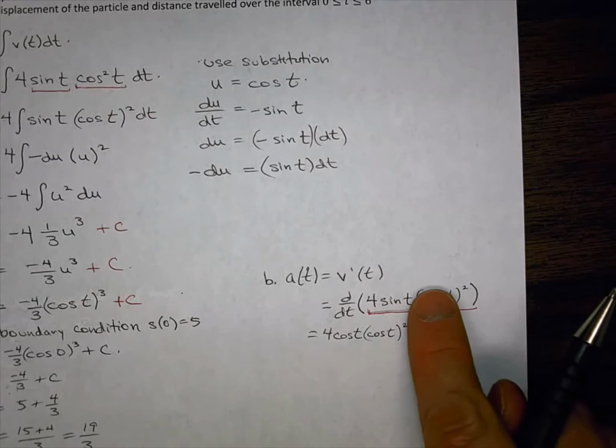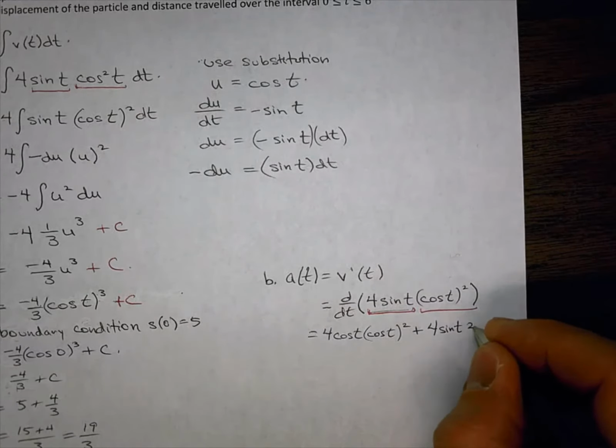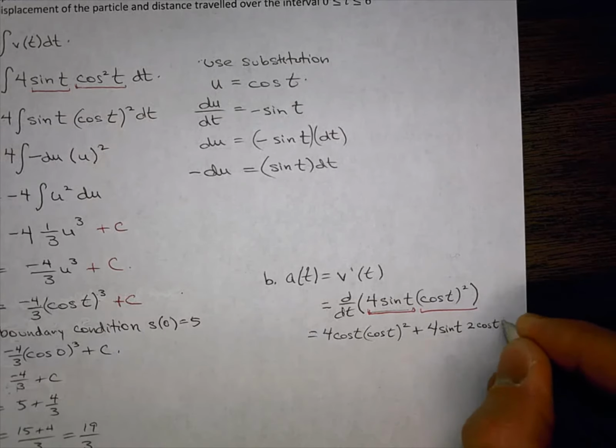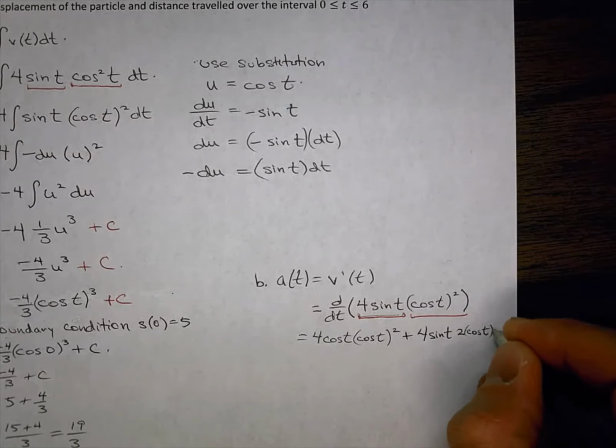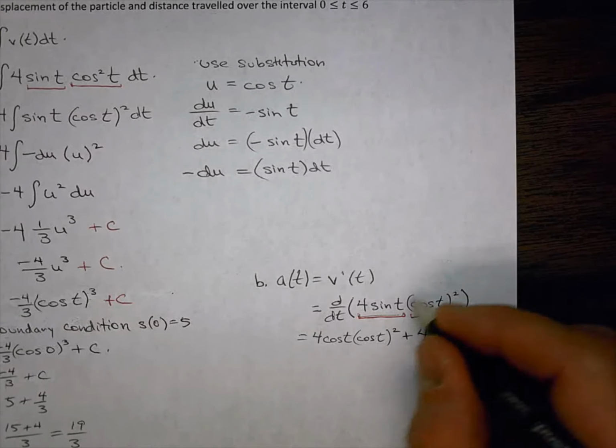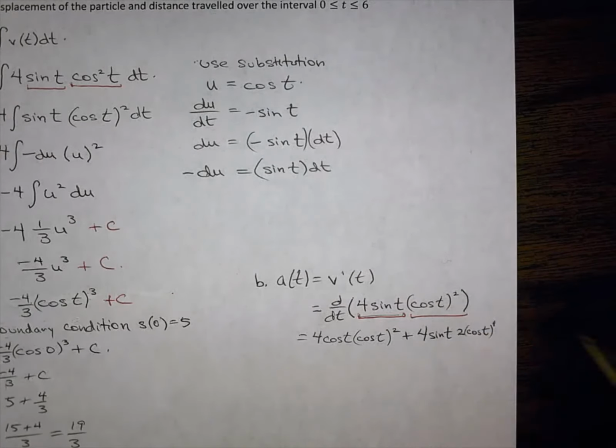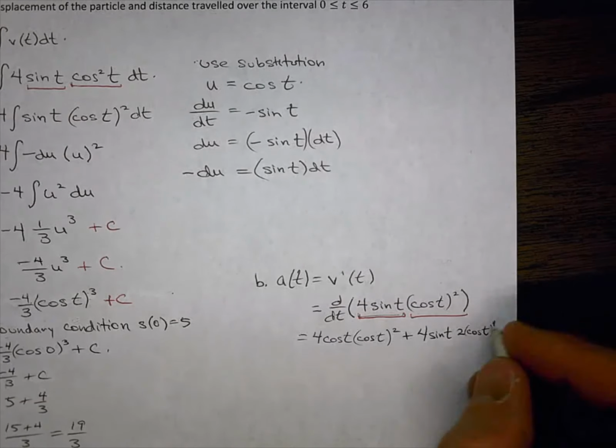So what's the derivative of something squared? Well, it's 2 times that something to the power of 1 times the derivative of the interior function. What's the derivative of cos? It's just negative sine.